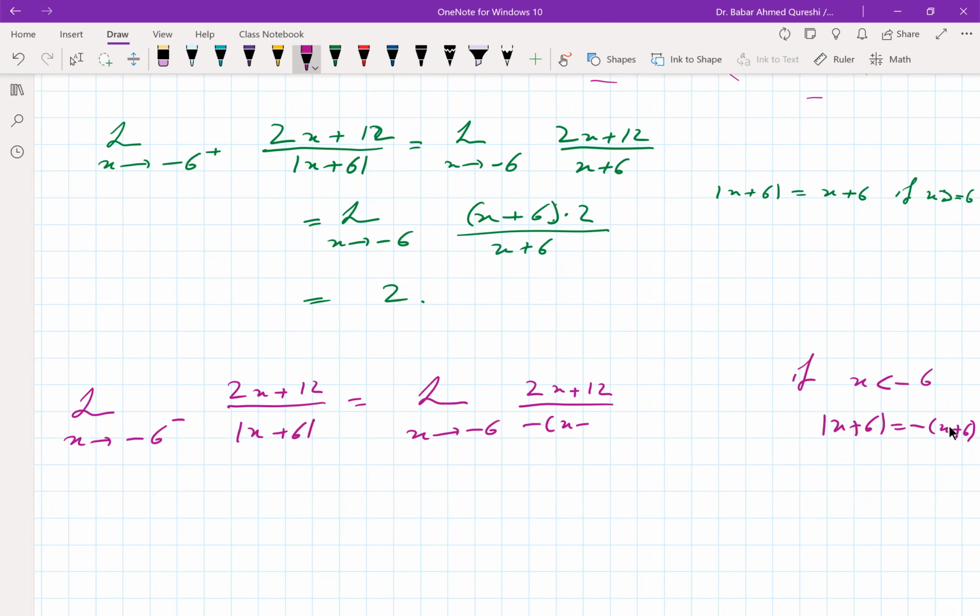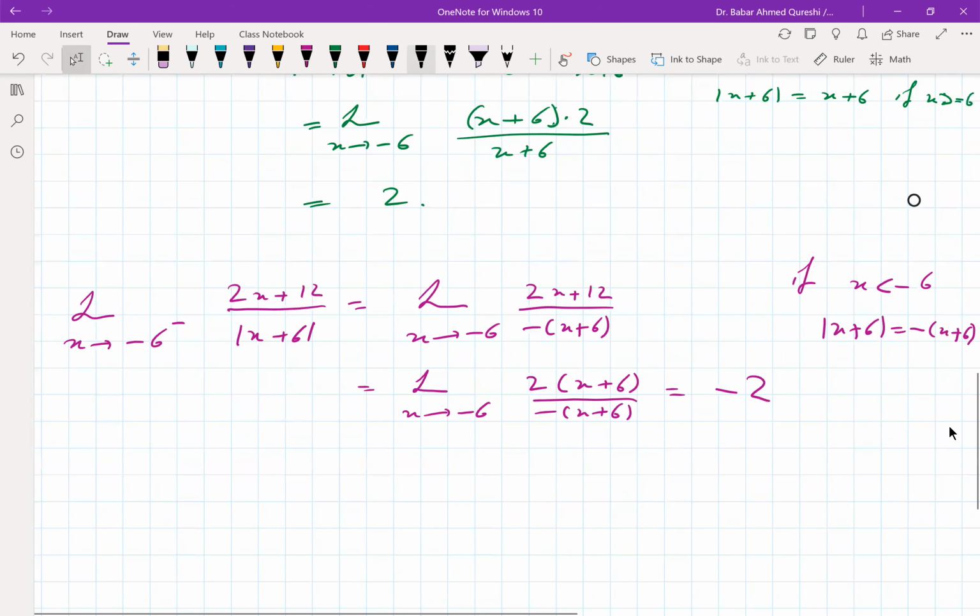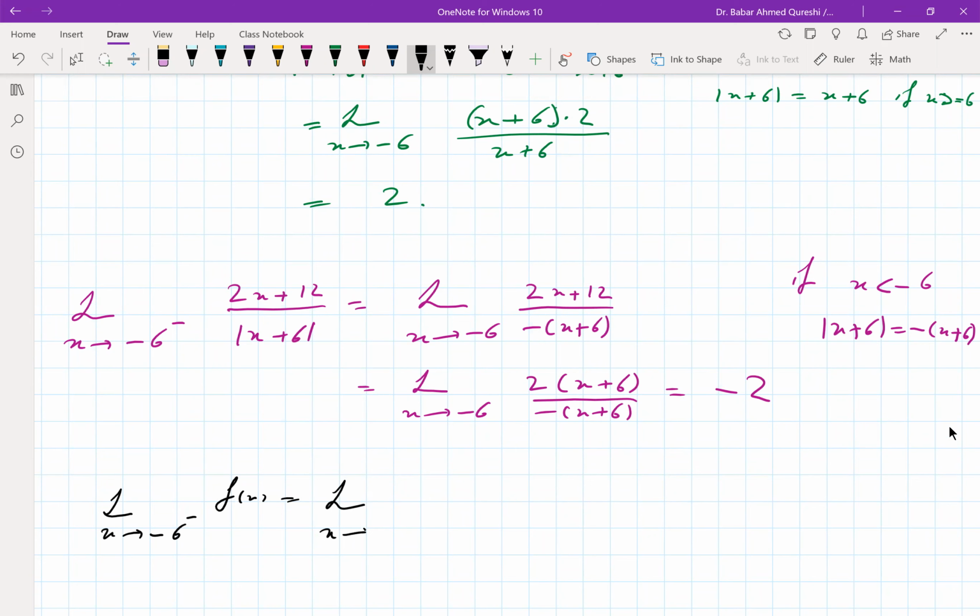So I get, this gives me -2. So what I have is limit x going to -6 minus of this function. Right hand limit is not equal to left hand limit. Therefore, limit does not exist.